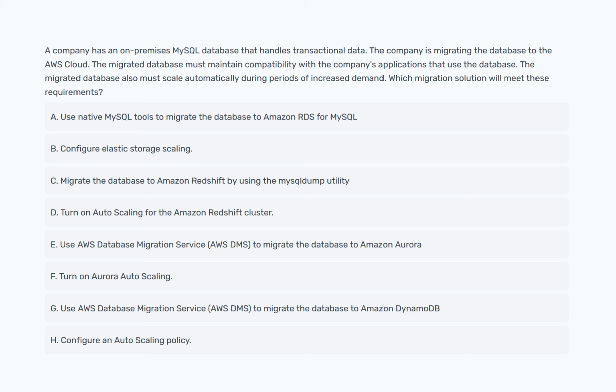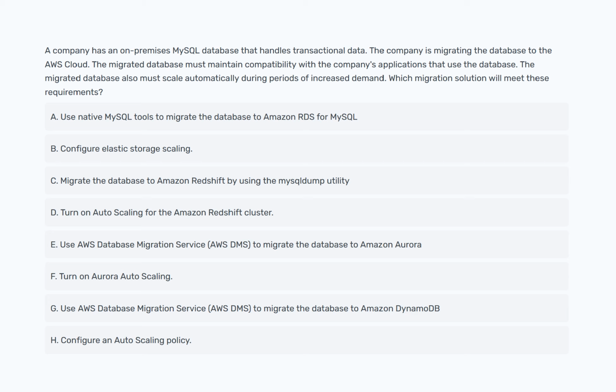And what else do you have to do? DynamoDB, no. Auto scaling policy, no. Auto scaling the Redshift cluster, no. Database configure elastic scaling, I think that will be one of the two answers, right?